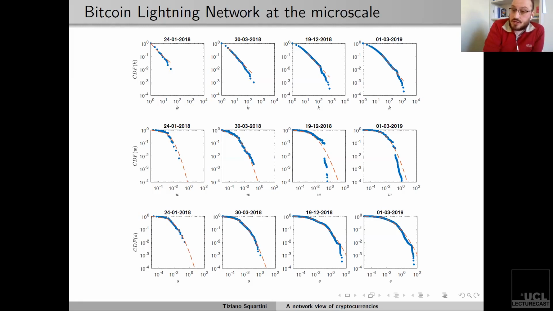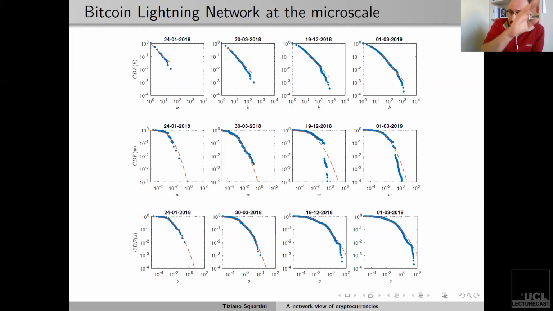For what concerns the weight and the strength distribution instead, here there is something that characterizes many other economic systems. For example, the world trade. In the world trade, you see the same if you plot the weight and strength distribution, and you see that they are more compatible, let's say, with the log normal.